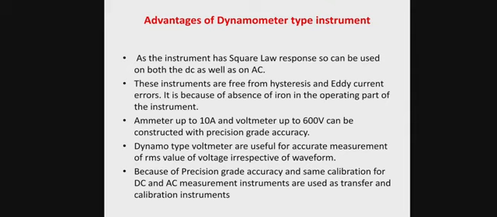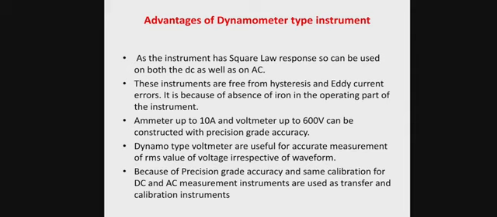First, we will discuss the advantages of these instruments. These instruments have square law response, so they can be used for both DC as well as AC. They are free from hysteresis and eddy current errors. Ammeters up to 10 ampere and voltmeters up to 600 volt can be constructed with precision grade accuracy.